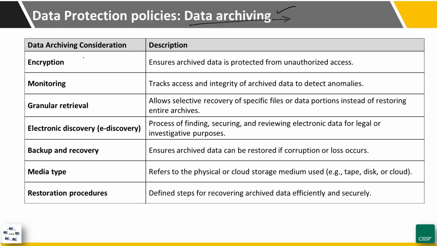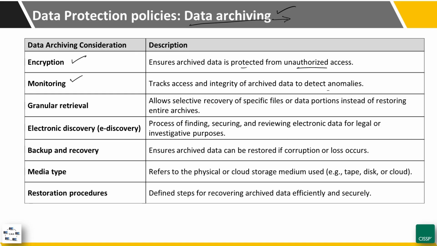Some data archiving considerations include encryption. If the data is sensitive, it should be ensured that archived data is protected from unauthorized access. Sensitive data is always recommended to be stored in encrypted form, so that even if it is accessed, it is encrypted and of no use to the one who accesses it. Monitoring means tracking access and integrity of archived data to detect anomalies.